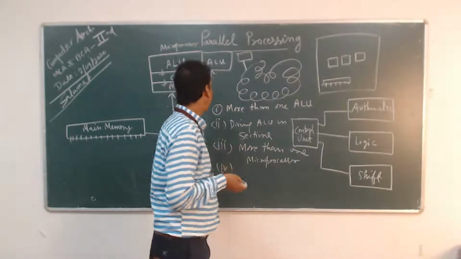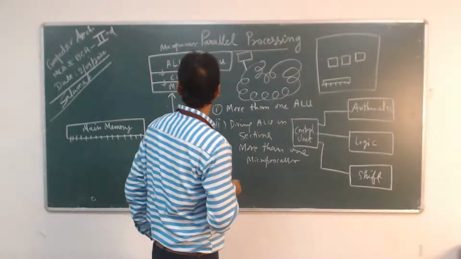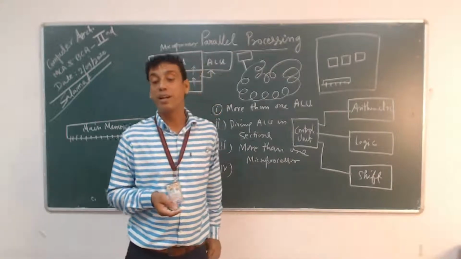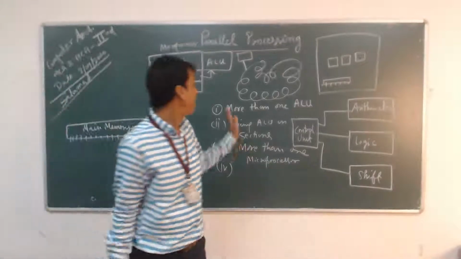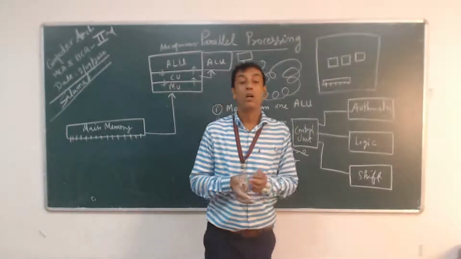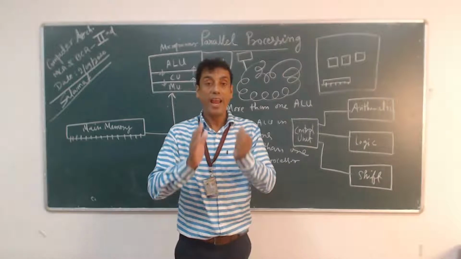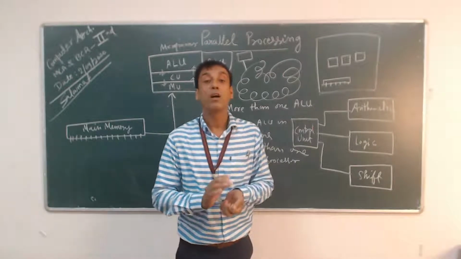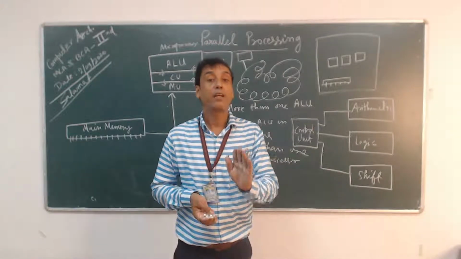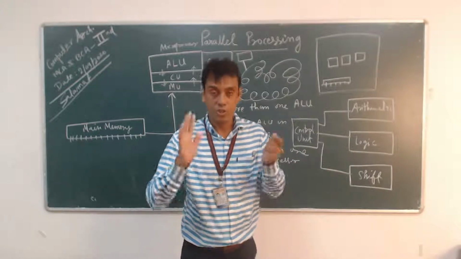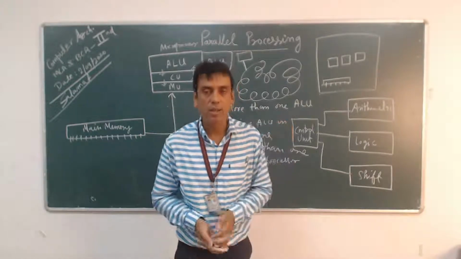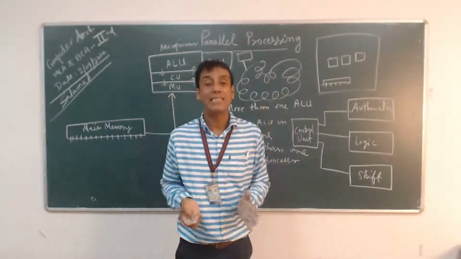Now, talking about the internal structure of ALU, we should know that ALU has a lot of circuits like adder, subtractor, multiplier, shift registers, counters. These circuits process the instruction.